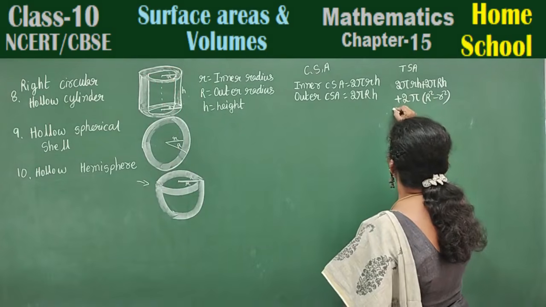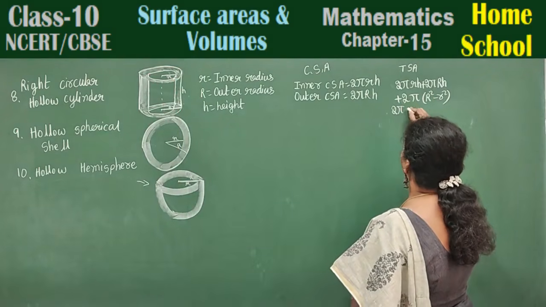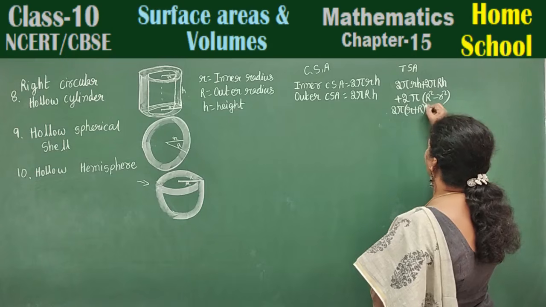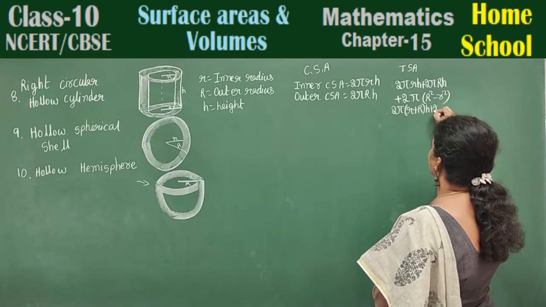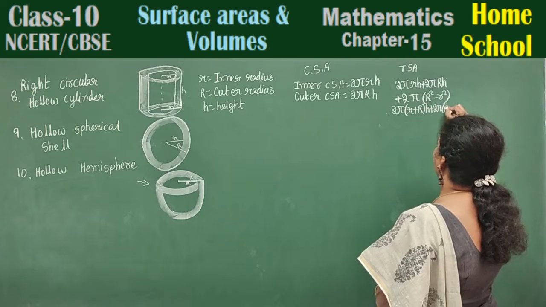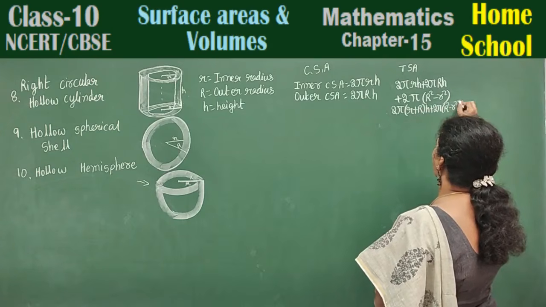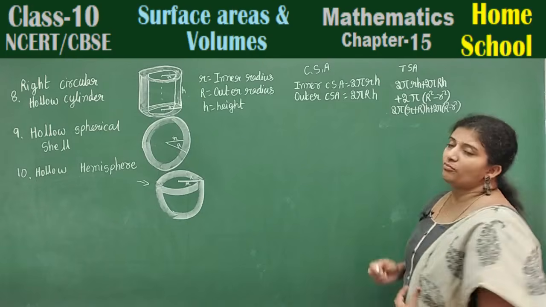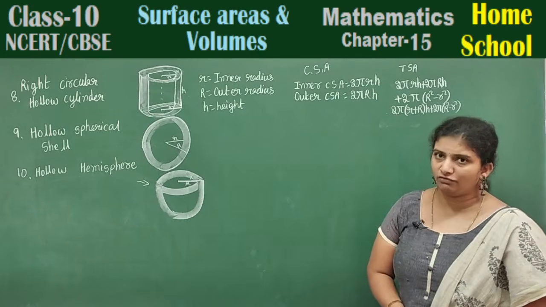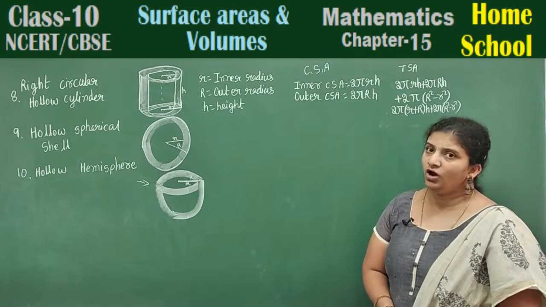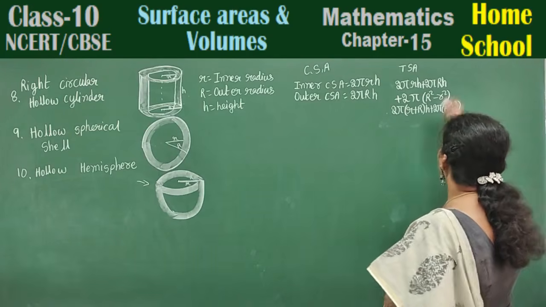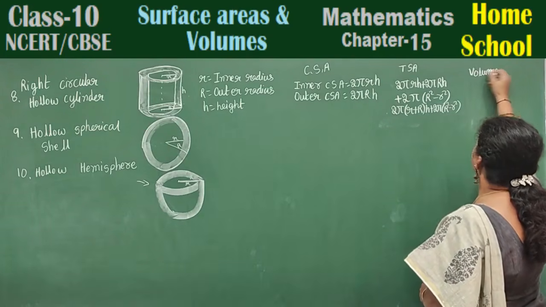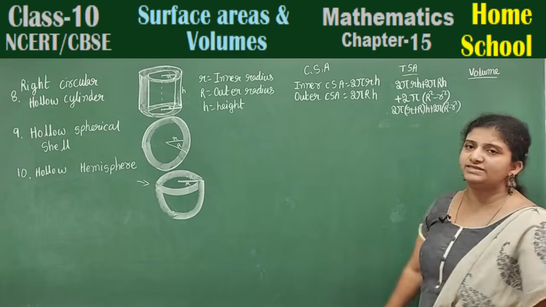That can be written as 2 pi into (R plus r) into h, plus 2 pi into (R square minus r square). You can easily remember, children, this is the formula for the total surface area of a right circular hollow cylinder.